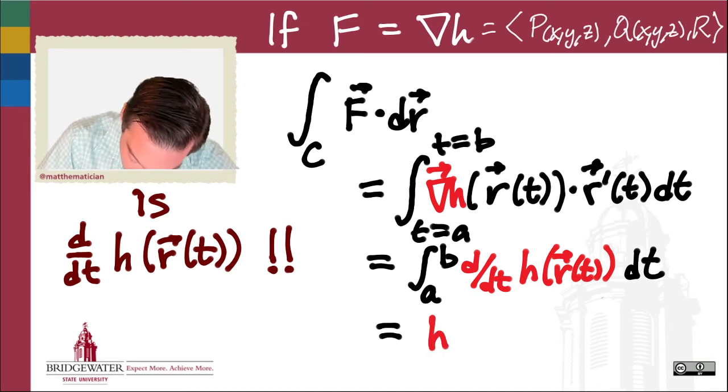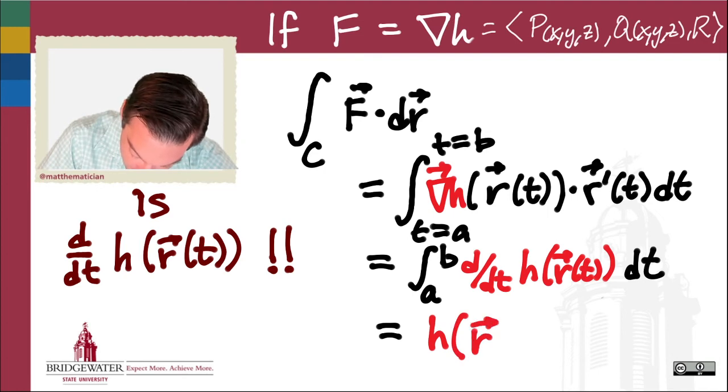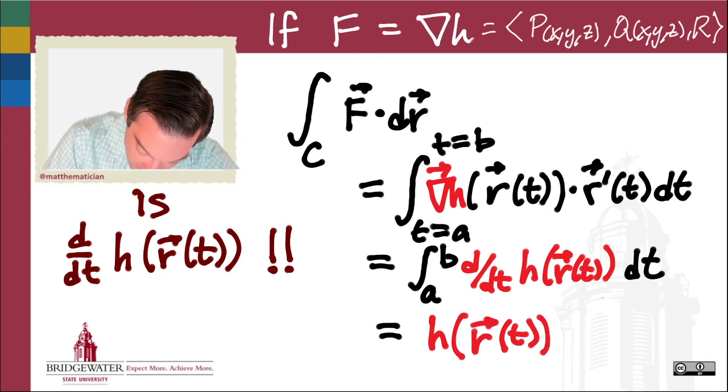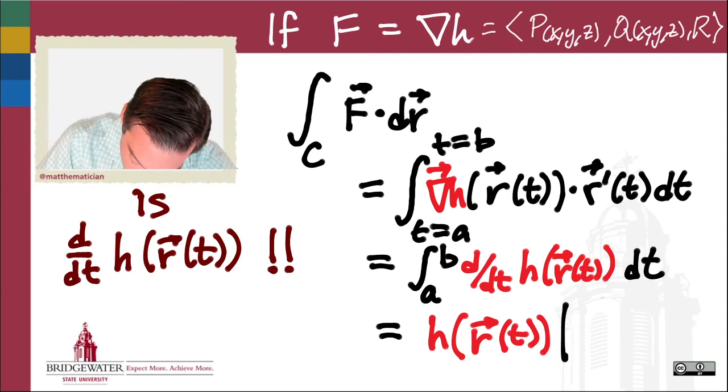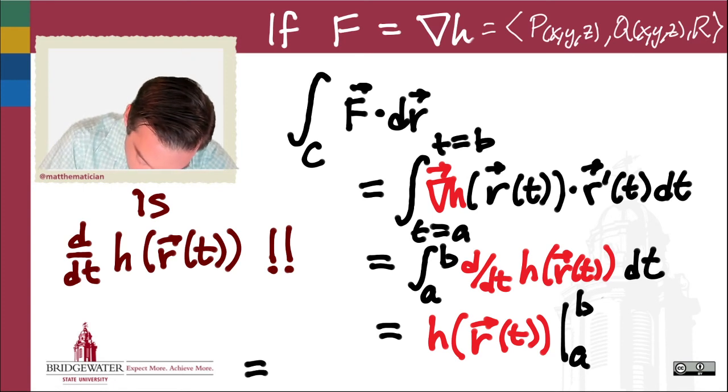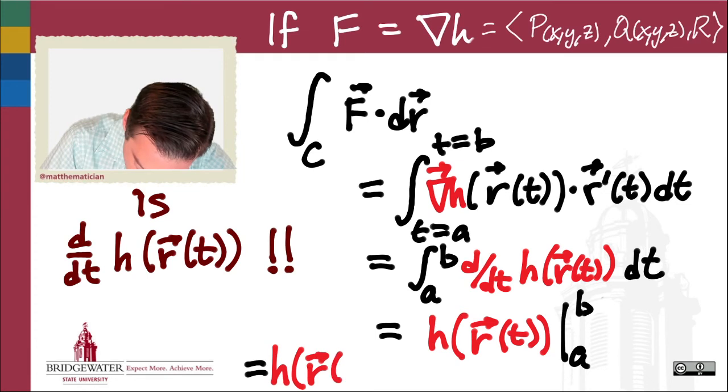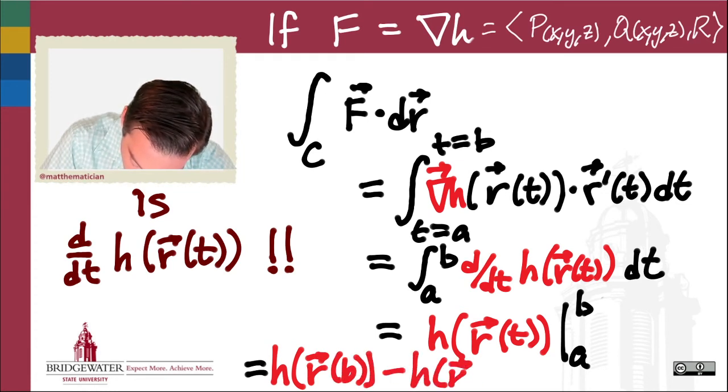And so the antiderivative of the time derivative of h of r of t is just h of r of t, and I'll evaluate that from t equals a to t equals b. And so what I'm going to get here is h evaluated at my endpoint, which is r of b, minus h evaluated at my starting point, which is h of r of a.